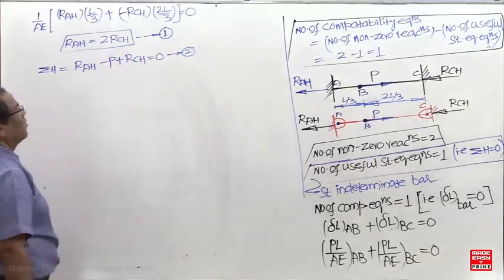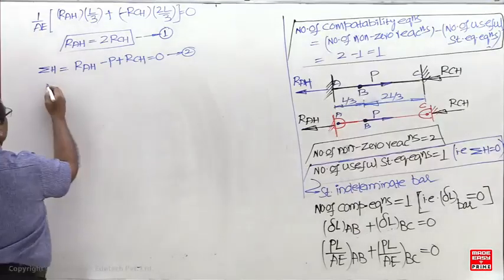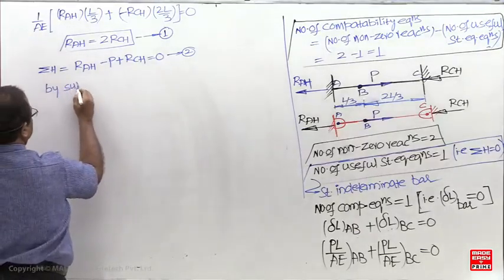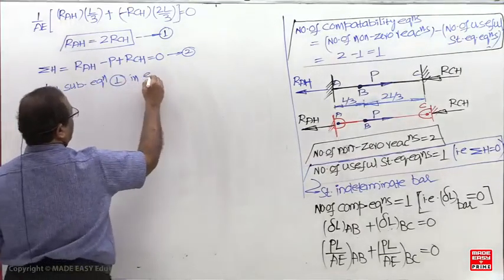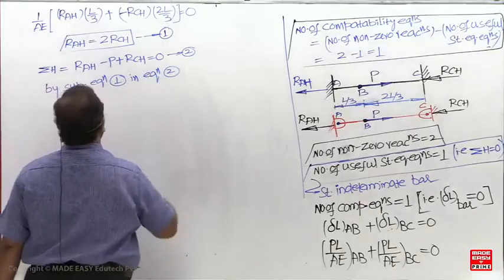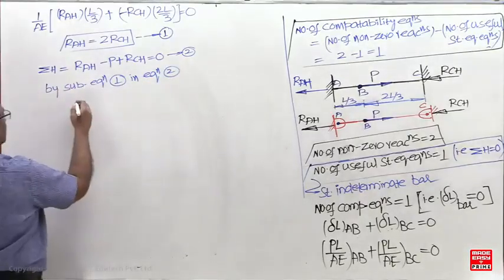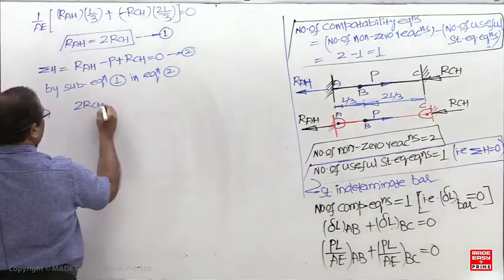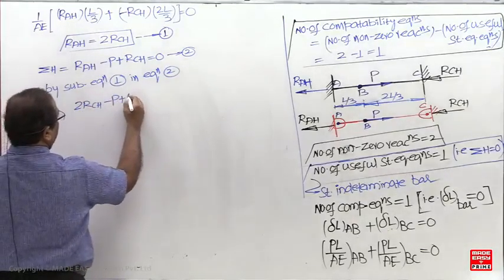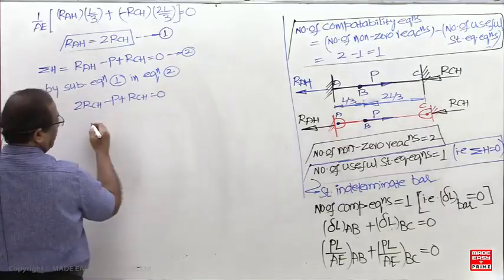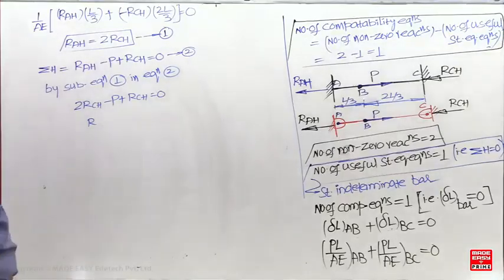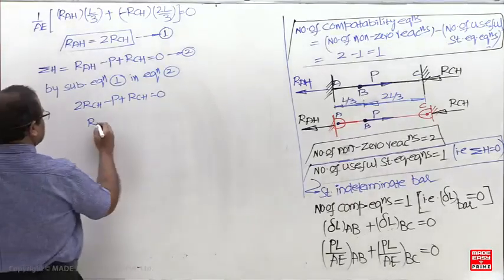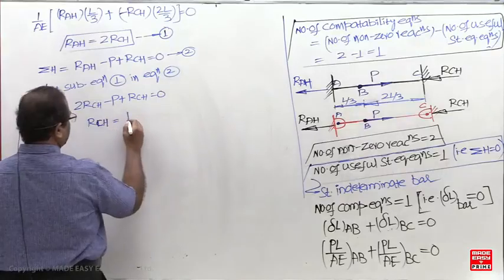Now by substituting equation 1 and equation 2, what you get is RCH is equal to P by 3.